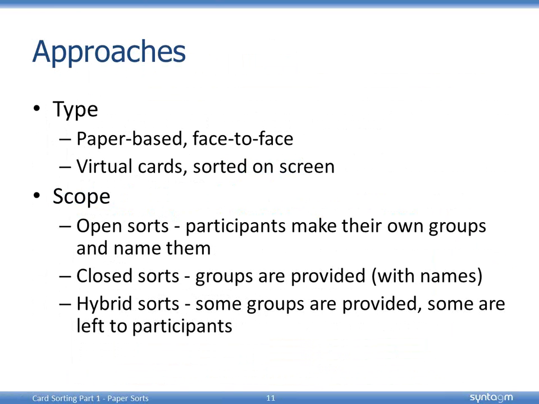The different main approaches are paper-based, or what you might refer to more generically as face-to-face, but we end up using paper in those kinds of situations. It's possible to do a face-to-face sort with an online system, but really you end up throwing away a lot of the advantage of a face-to-face sort, and that is the flexibility, the ability to make up ad hoc items and give good qualitative feedback.